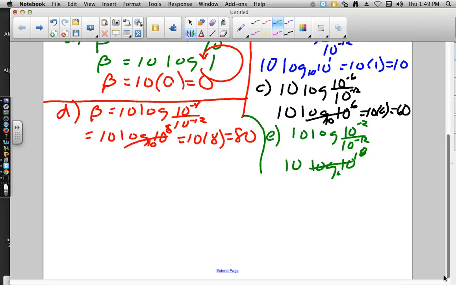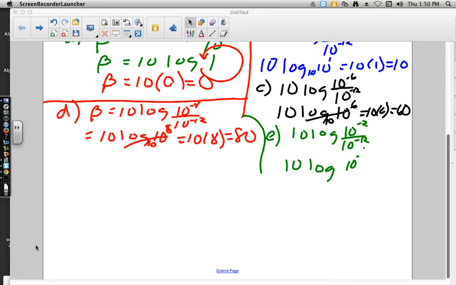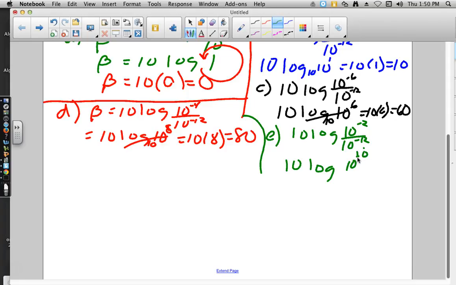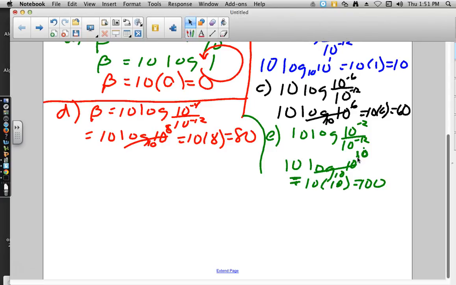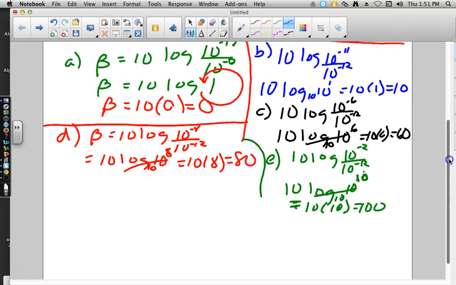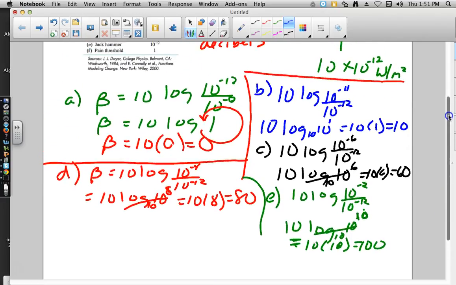So the common logarithm base 10 and base 10 are going to cancel out, and we will get 10 times 10 to the 10th. And because these are bases that match, there's our inverses, and we get 10 times 10, which will be 100 decibels. Again, all of these labels will be decibels, but I don't think you asked for these questions because of the labels. So just make sure you're labeling everything decibels.